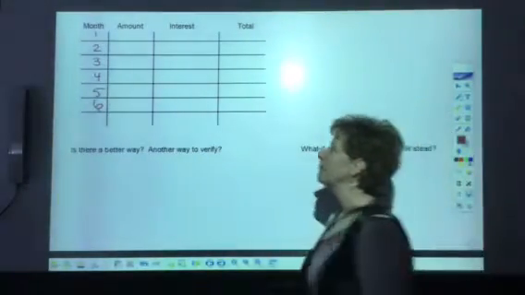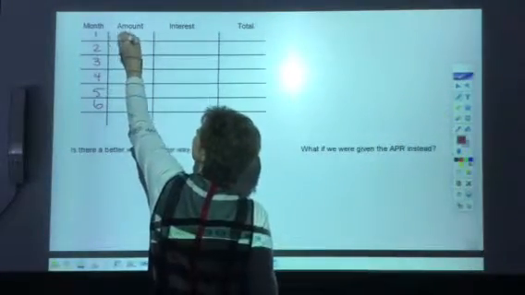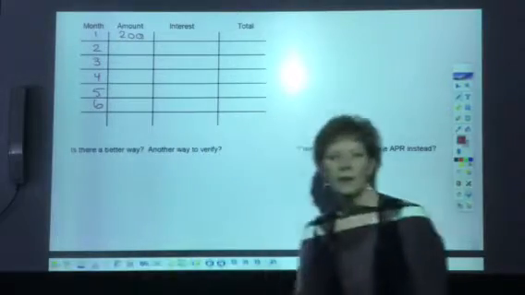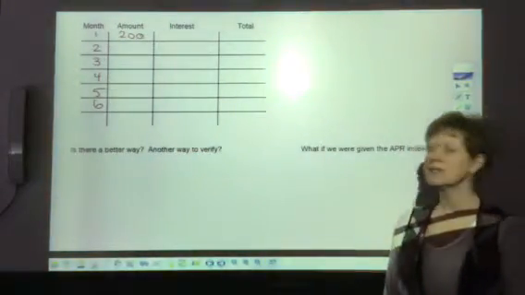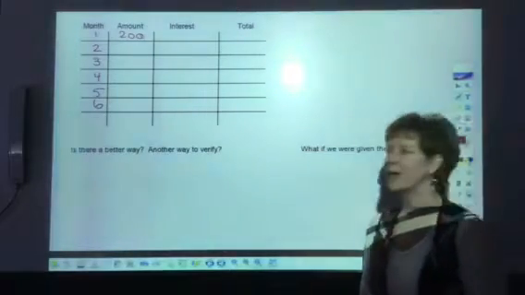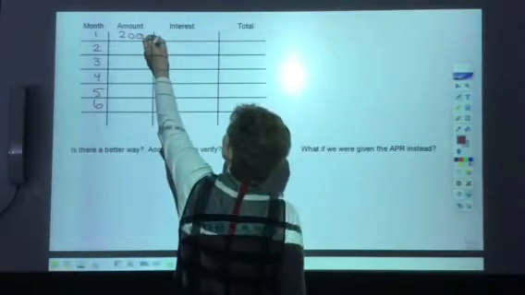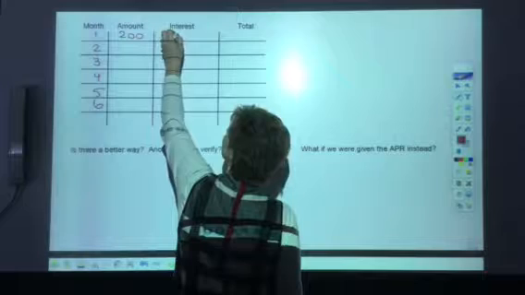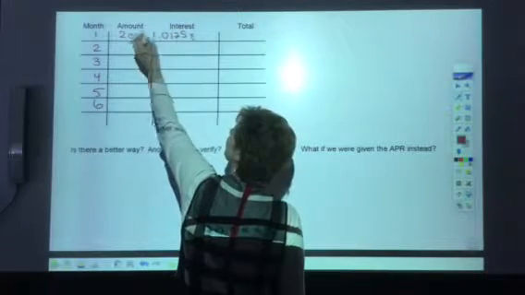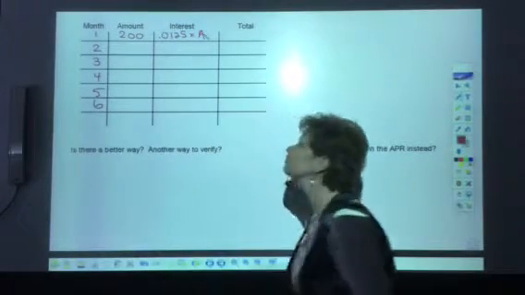The amount that is on their bill at the beginning of month 1 is $200. And then how do we calculate the interest? The kids are pretty quick to come up with the fact that we multiply the interest, which as a decimal would be 0.0125, times that amount.